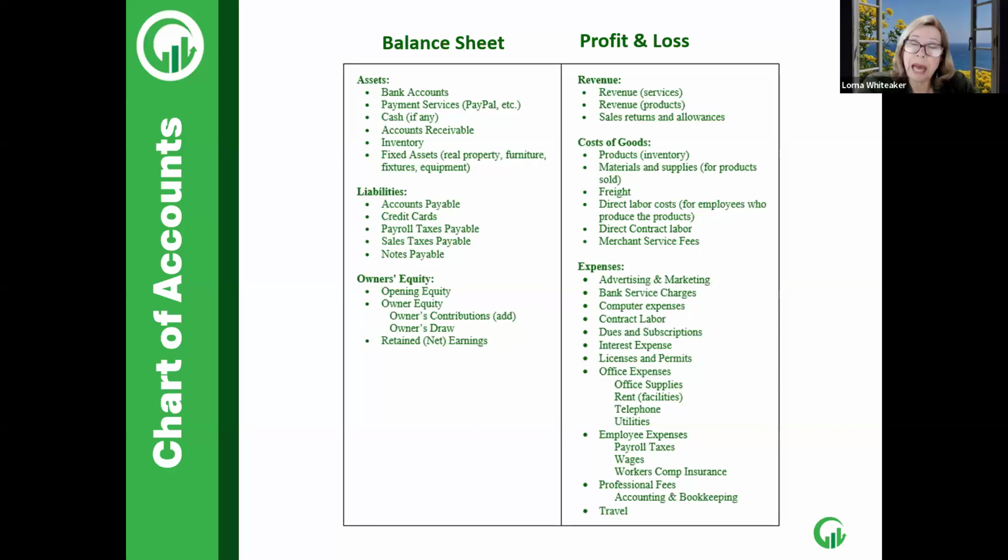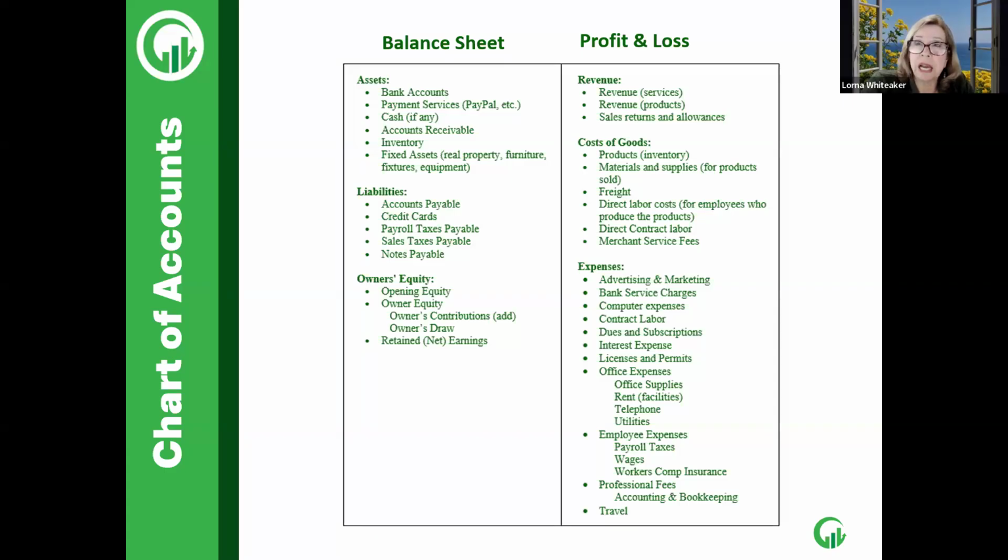Okay, so on the balance sheet side, we have assets, liabilities, and owner's equity. And we're going to do a little more with that. And then we have the profit and loss, which most of you will have some good understanding about: revenue, income, costs of goods, and expenses. Now, I've used some very standard names for the chart of accounts.